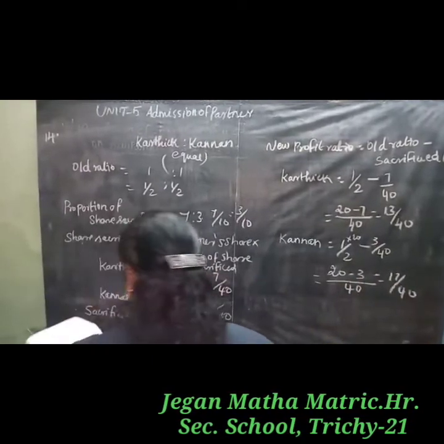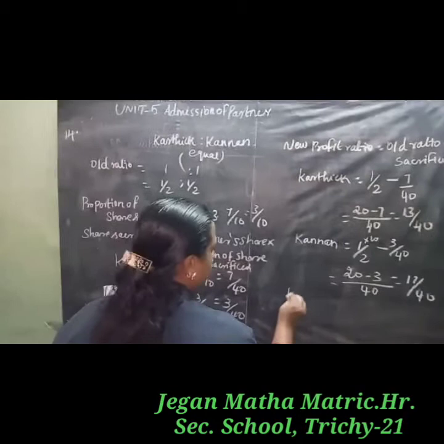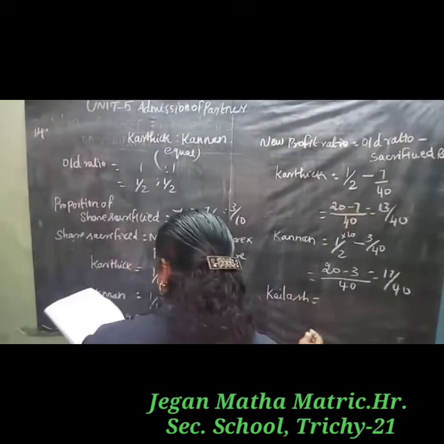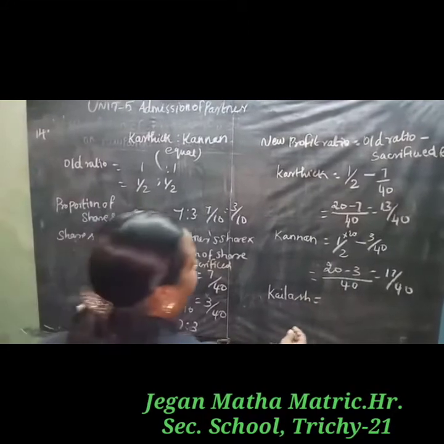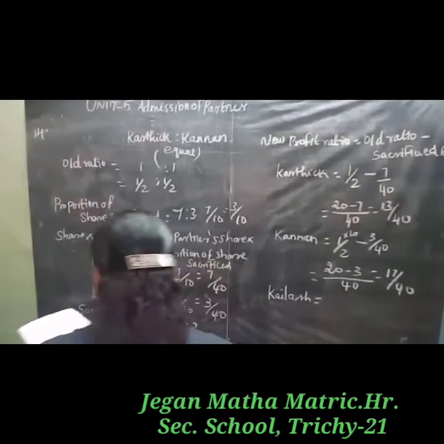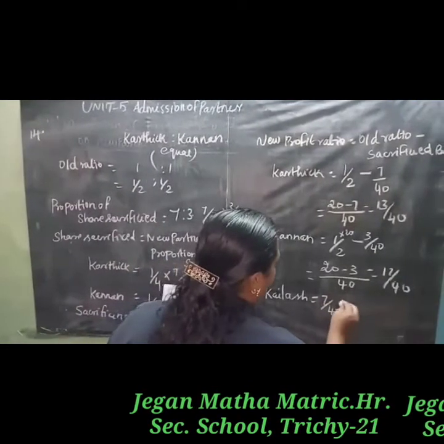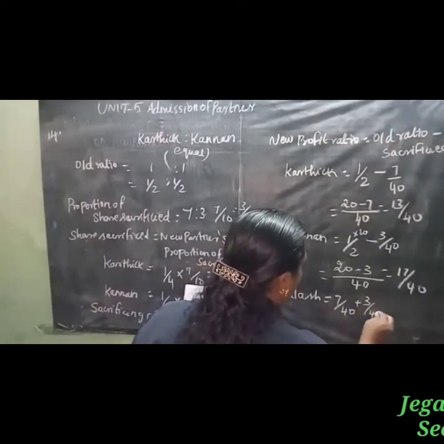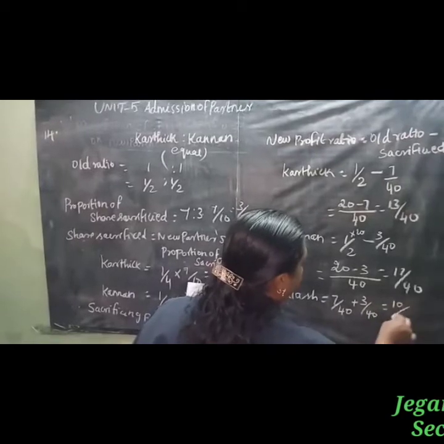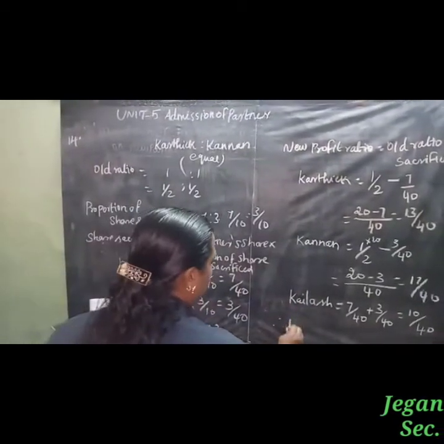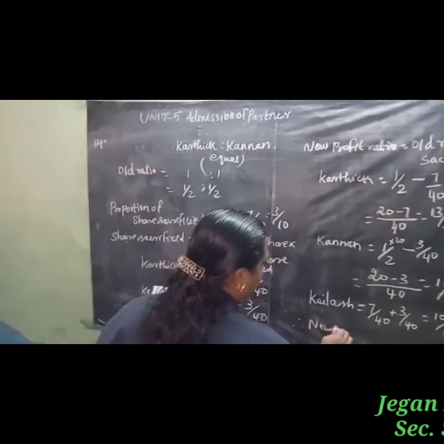Next for Kailash, 7/40 plus 3/40, total 10/40.